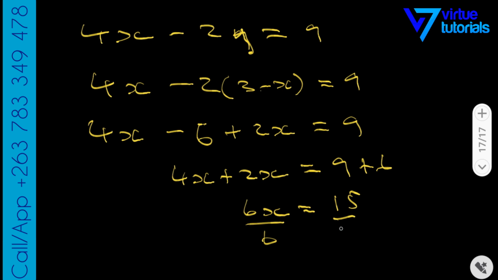Divide both sides by 6. X is equal to 15 over 6, right? And in lowest terms, x is equal to 5 over 2, right? Once I get the 5 over 2, I can substitute that in that equation there, right? X is the same as 5 over 2 there.